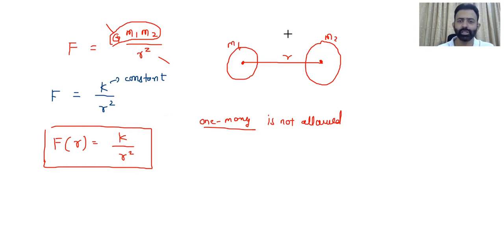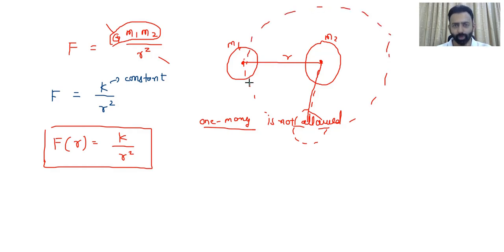If the moon comes to another position but R is constant, the gravitation force is constant, and that's why the moon is a satellite which keeps on revolving around the earth, because the gravitation force between earth and moon is constant, meaning the moon is revolving around an orbit.